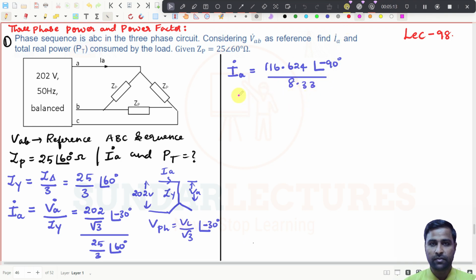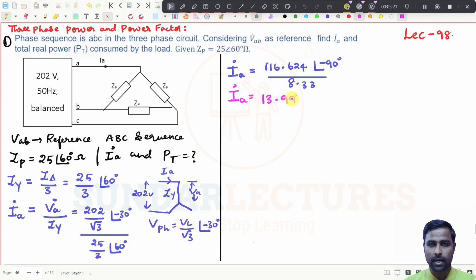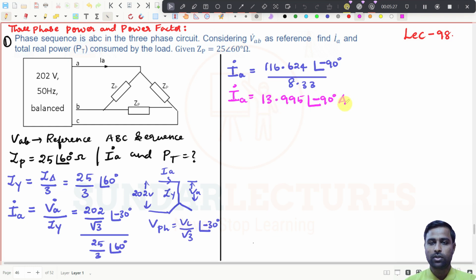Finally, if you simplify this, you will get IA to be 13.995 at an angle of minus 90 degrees amperes. So this is the value of IA we found.